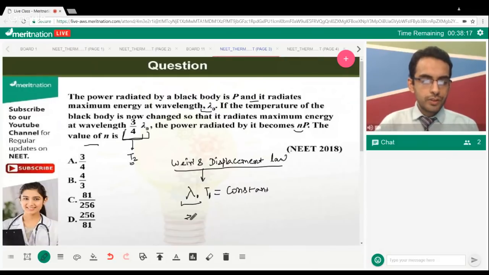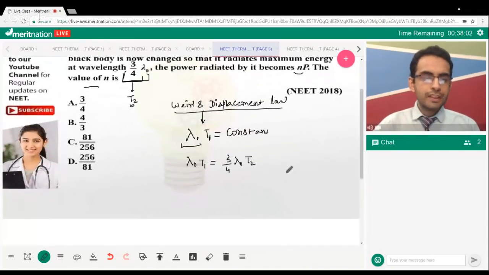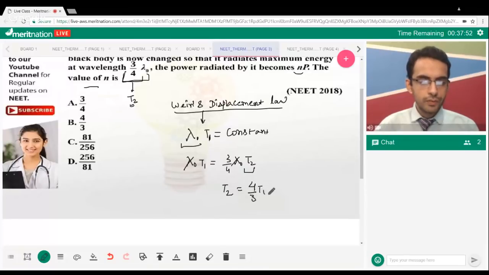So lambda naught into T1 is equal to 3/4 lambda naught into T2. From here, we can find the value of T2. Simply we can say that T2 is equal to 4/3 into T1.